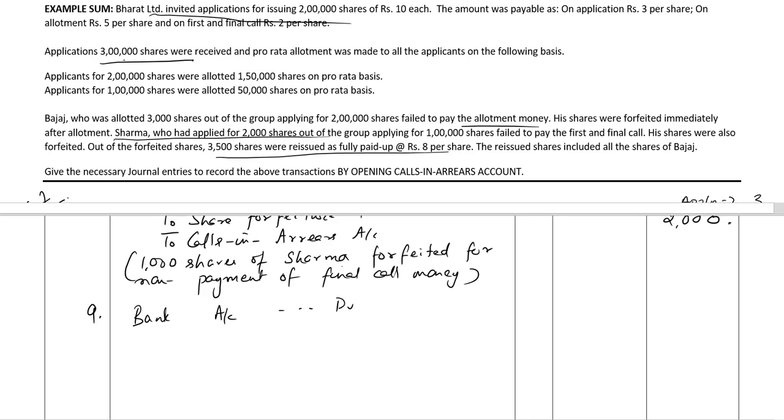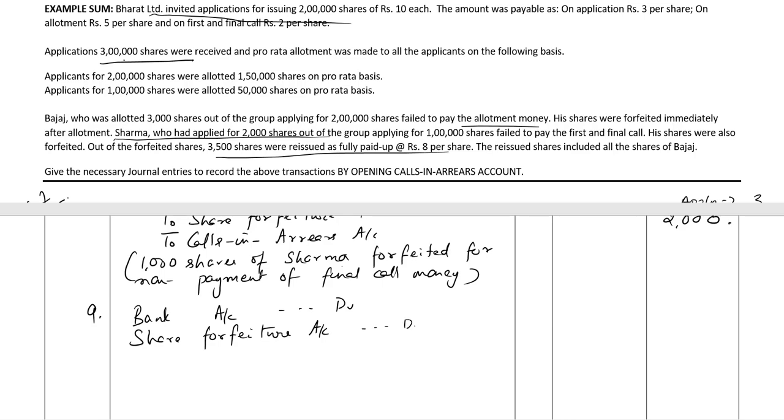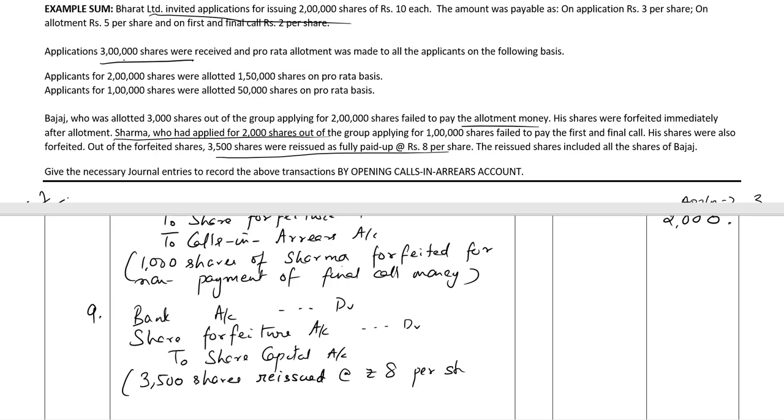Bank account debit, share forfeiture account debit, to share capital account, for 3,500 shares reissued at rupees 8 per share, fully paid up.